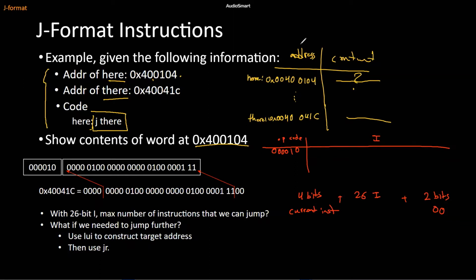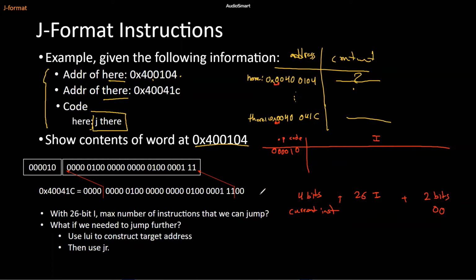This last digit here has to match. If it does not, we cannot do that, and the jump is not going to work, because of the way we are constructing the address back: these 4 bits are coming from here.